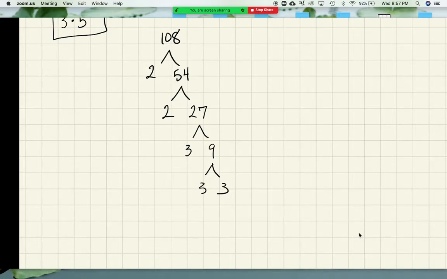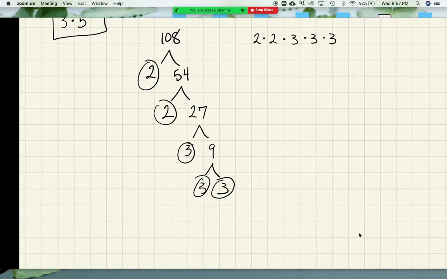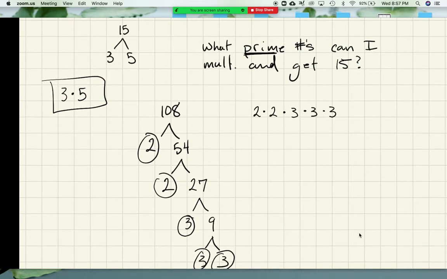And then the prime factorization for 108 is just 2 times 2 times 3 times 3 times 3. They're all prime numbers, and we say it's factored because the definition of factoring is just writing as things multiplied by other things.